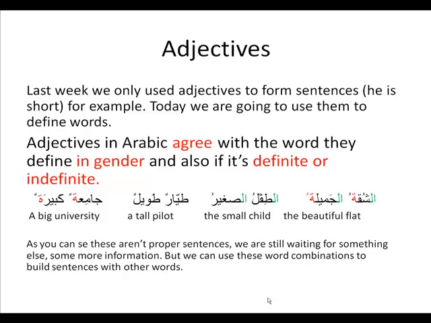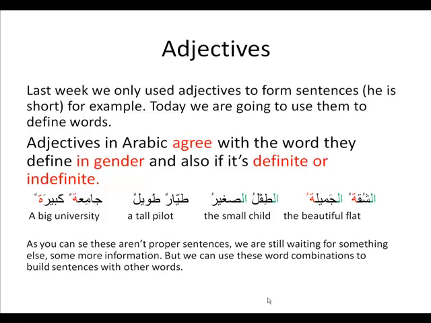Now, as you can see, as you understand, these aren't proper sentences. They're just describing things. The beautiful flat, yes, and tell me more, please. The small child. Okay, what happened to the small child? We need to have some more information to call it a proper sentence.